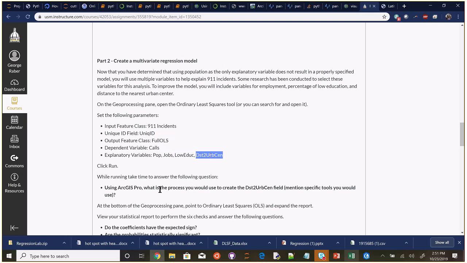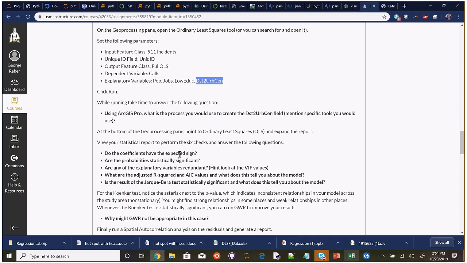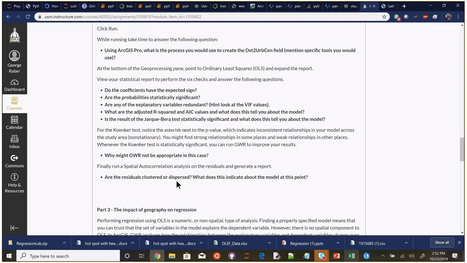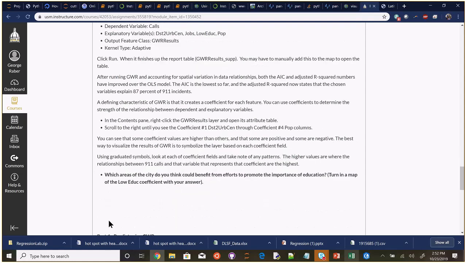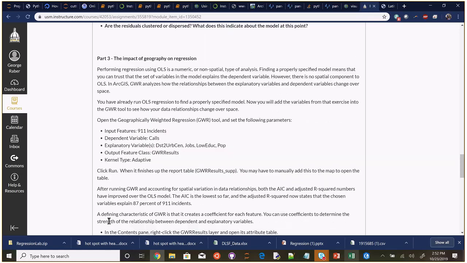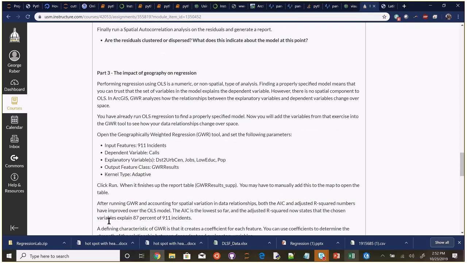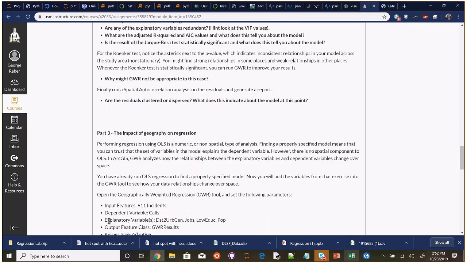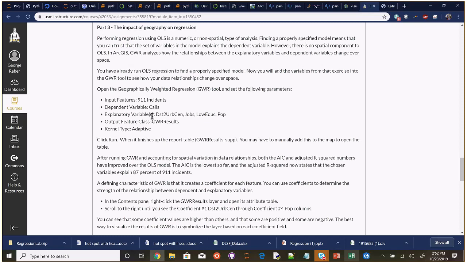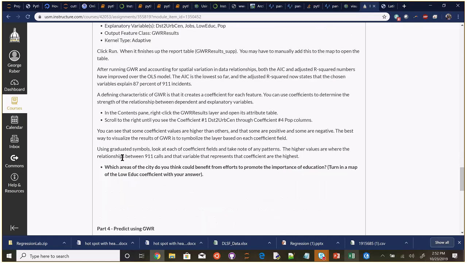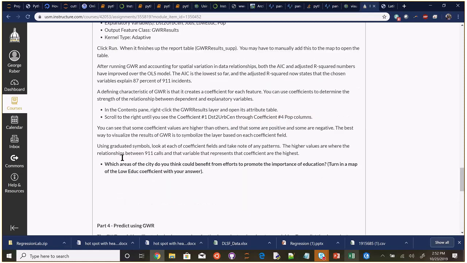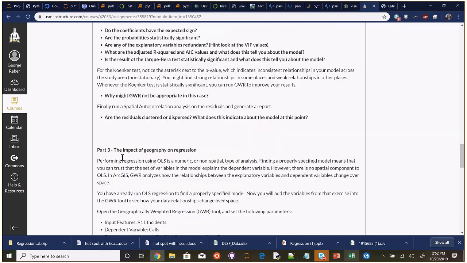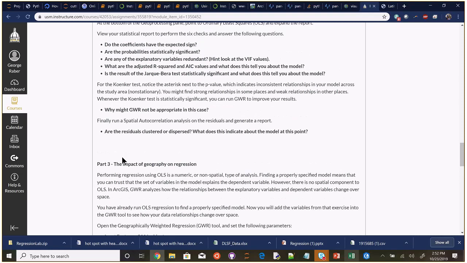And then once you do that, these are basically the 6 checks again, and then you'll answer these questions, and you'll do one using geographic weighted regression at the end. So you'll have the same ones and geographic related. Again, think about why you wouldn't want to do geographic weighted regression, because that is one of the questions. Why not? Might be appropriate in this case.